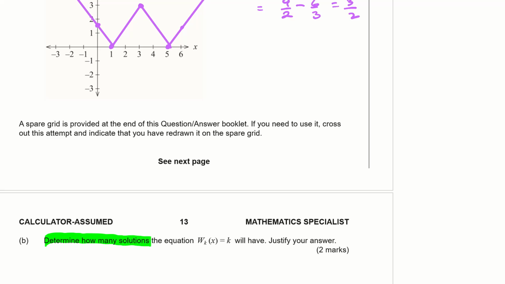Determine how many solutions the equation w_k(x) equals k will have and justify your answer. I think from what we've seen, we can see there's going to be 3 solutions. Just for example here, we would be putting 3 on there, and we've got 3 solutions, one over here, and where it hits the peak.